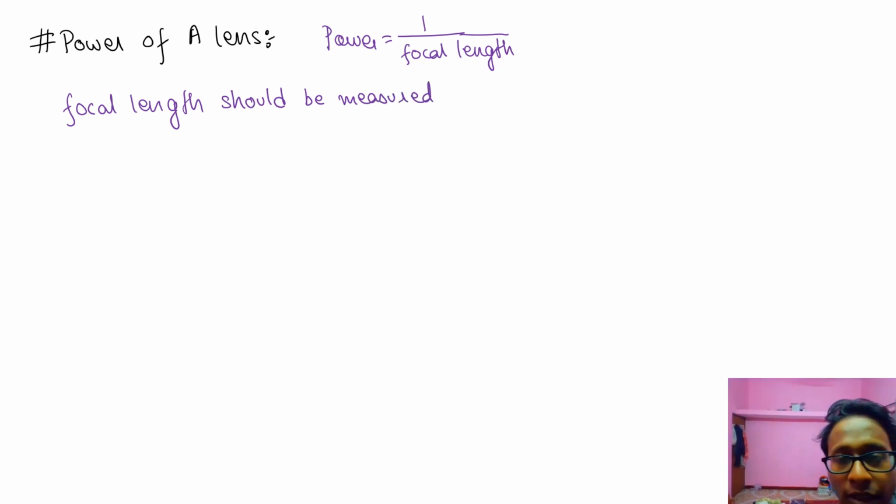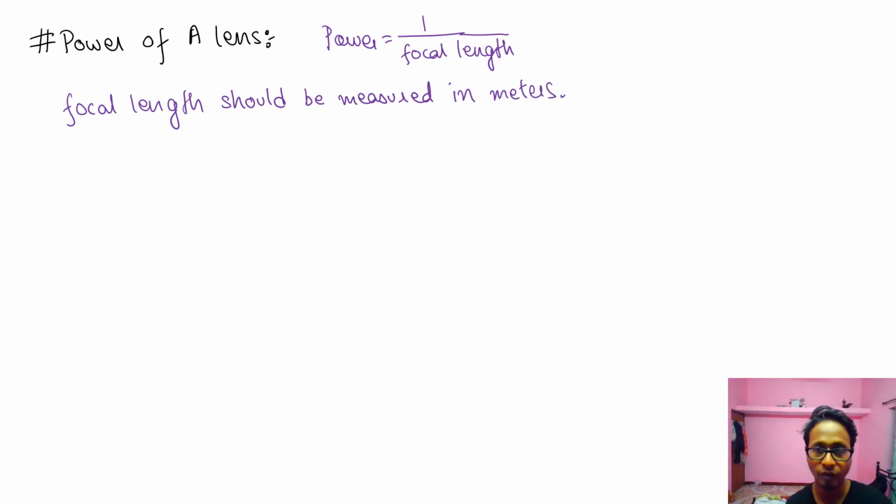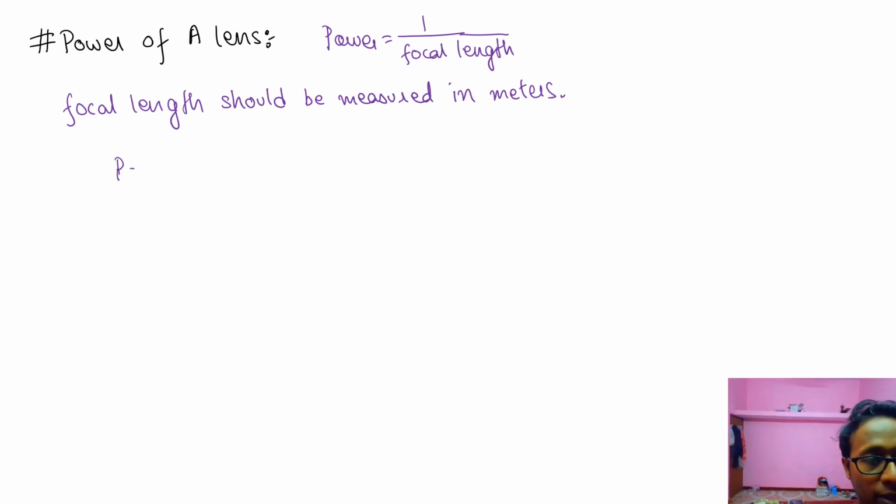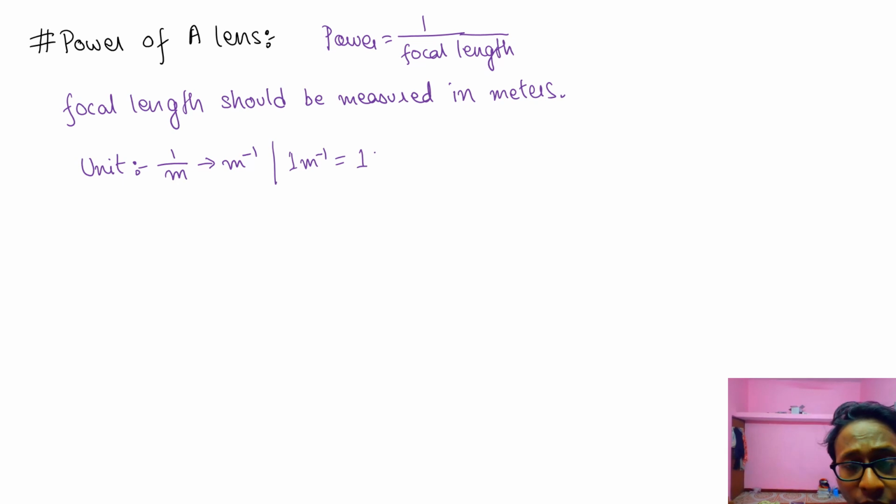So power is nothing but 1 by focal length, and the unit of power is nothing but 1 by meter, or meter inverse. This 1 meter inverse is also known as 1 diopter.